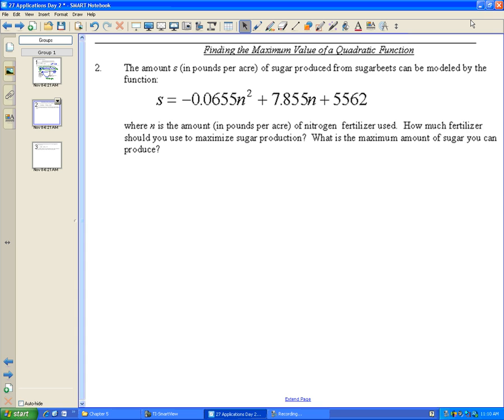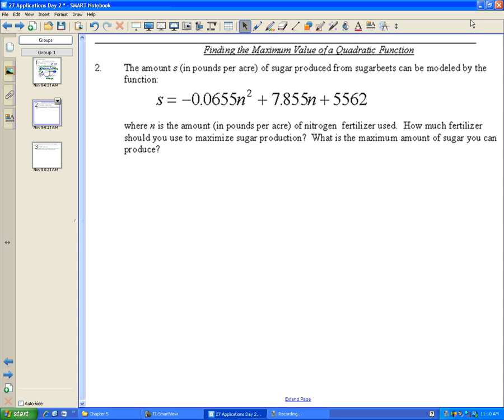So, the amount S in pounds per acre of sugar produced for sugar beets can be modeled by the function S is equal to negative 0.0655 n squared plus 7.855 n plus 5,562, where n is the amount in pounds per acre of nitrogen fertilizer used. How much fertilizer should be used to maximize sugar production?